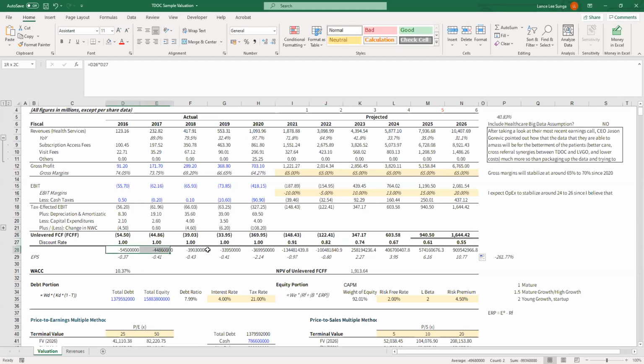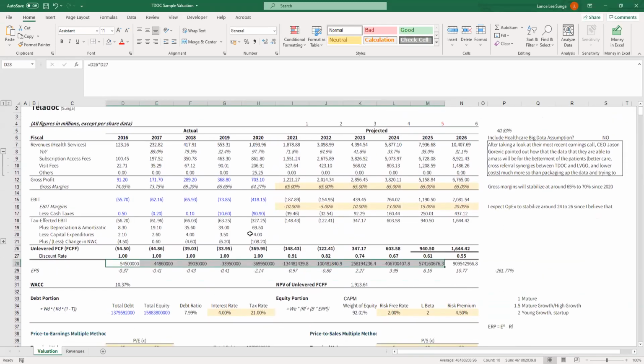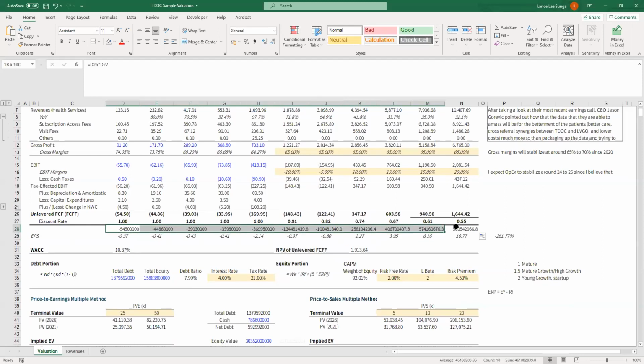And that's basically your discounted cash flows. Then from there, you just sum this up to get the net present value. Okay, got it. Thank you.